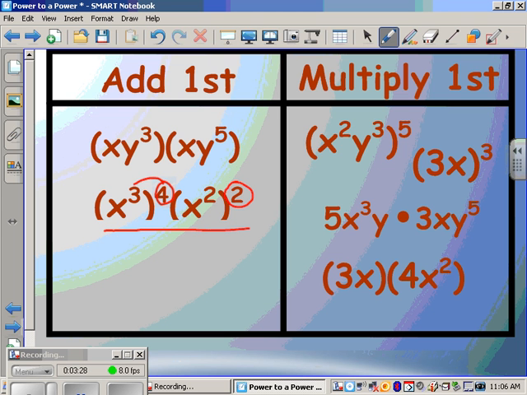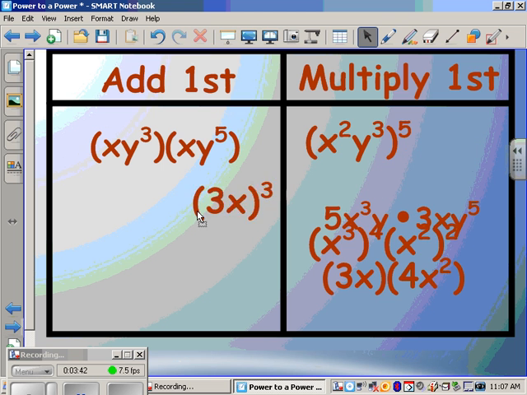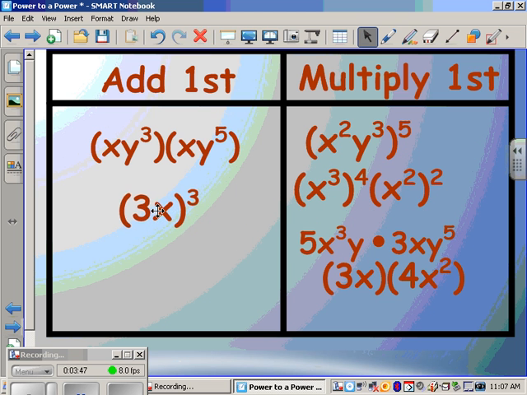This indicates the pow, pow, multiply now rule. So this one is also an example of multiplying the exponents first. So we're going to move that over to this column. Let's move 3x cubed over here. So this one is a pow, pow, multiply now, because we have the exponent outside parentheses.